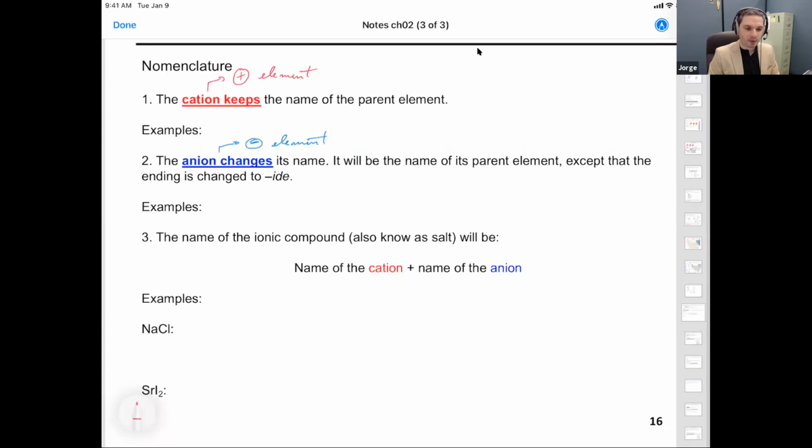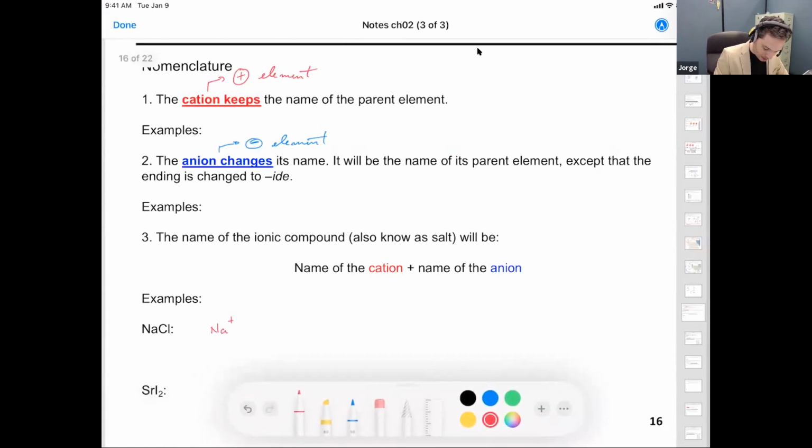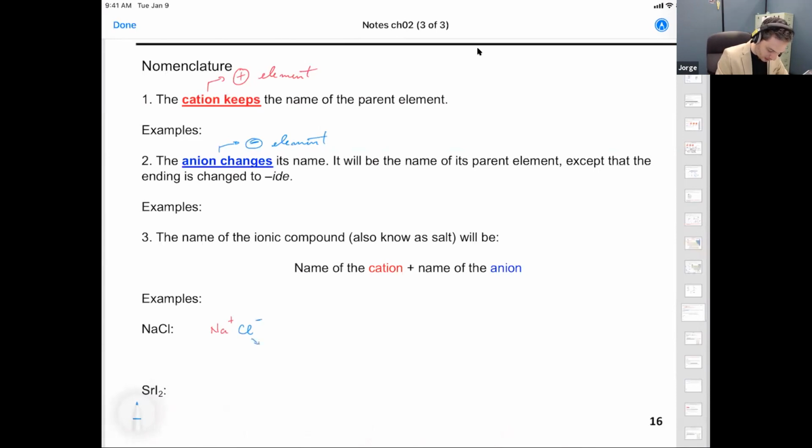Okay, so let's see here 2 examples, compounds that we already determined the formula. First one is NaCl. Okay, so you need to know that the sodium is 1 plus and the chlorine is 1 minus. Therefore, this guy here is the anion and the other one is the cation.